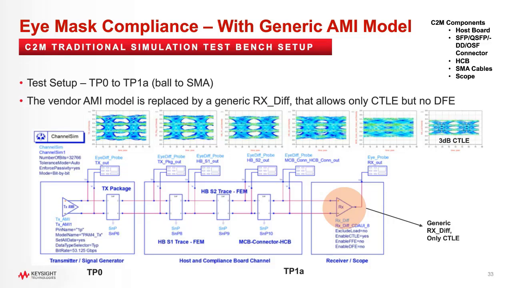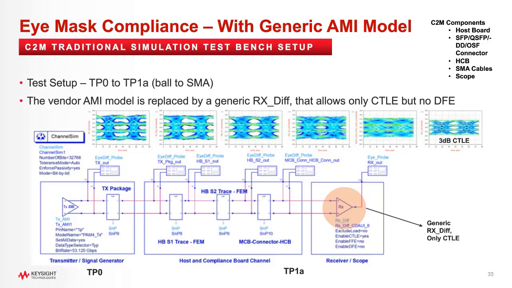This approach is what we call the mix and match approach. It's because we are using the TX IBIS-AMI from a vendor-provided model, and for the receiver, we are using the generic model coming from ADS.